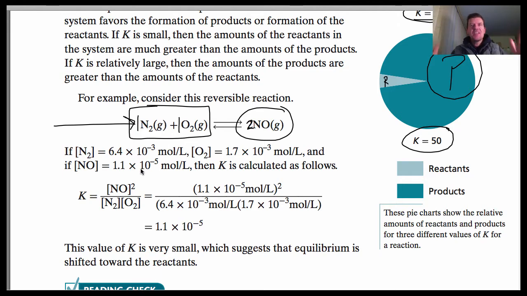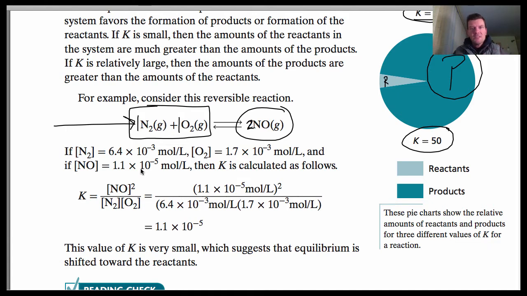I emphasize, this K value is only for at equilibrium. So you have to wait until the reaction reaches equilibrium, find your concentrations of each species, the reactants and the products, then you can plug them in. You don't put in the concentrations that you have initially because it hasn't reached equilibrium yet. It's still reacting, maybe mostly in the forward direction.